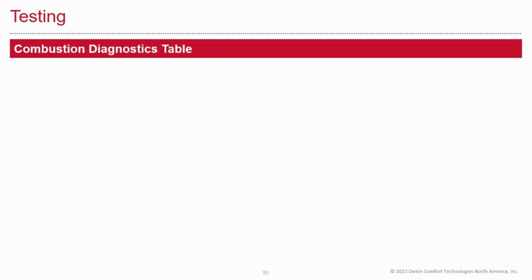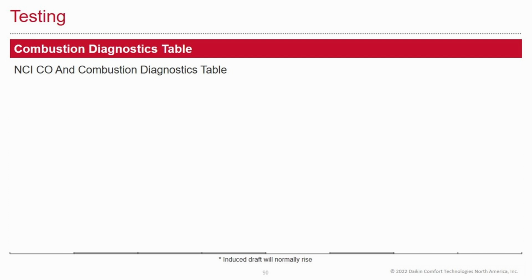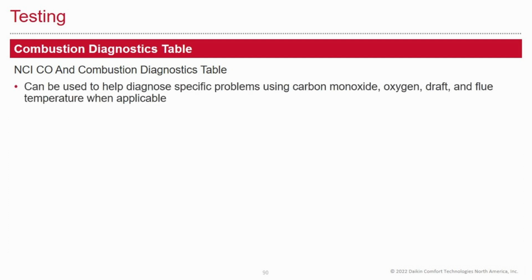Combustion diagnostics table. We're going to look at the NCI carbon monoxide and combustion diagnostics table. This can be used to help diagnose specific problems using carbon monoxide, oxygen, draft, and flue temperatures when applicable.